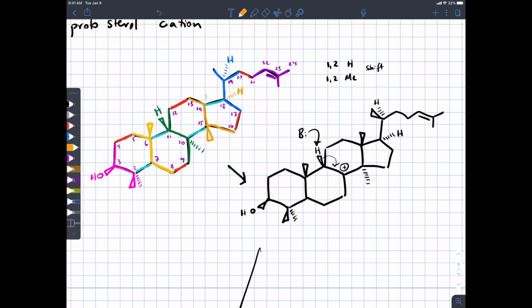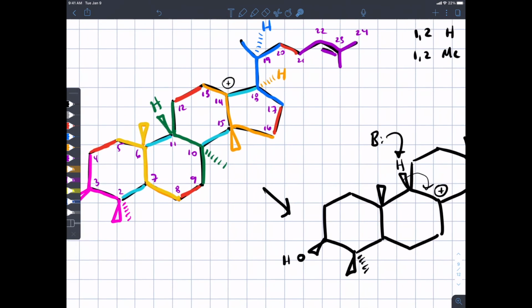Now you've got a positive charge on 14. And notice that in both of these cases, we're trading tertiary carbocations for other tertiary carbocations. So you might not expect it to be downhill, but perhaps the enzyme promotes the desired carbocation with its active site and with the fact that you can eliminate from the final carbocation.